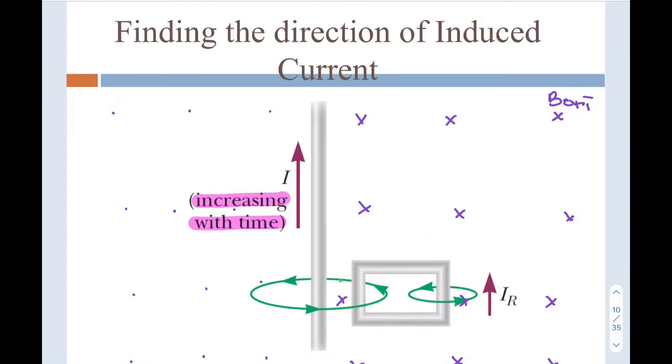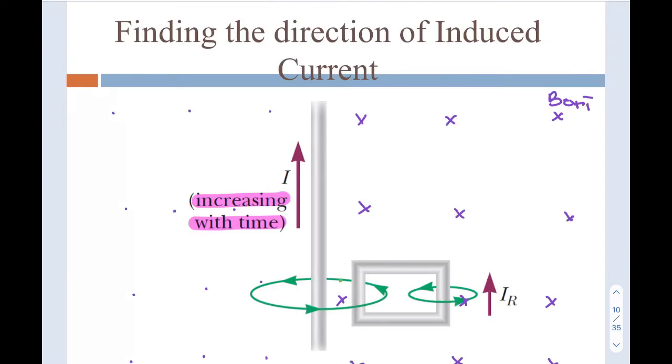Within this loop, focus at the center because at the center B is the strongest, the one that is effective. So the B induced is in the direction that opposes the change. So what kind of change? Increase. The flux is into the page, right?